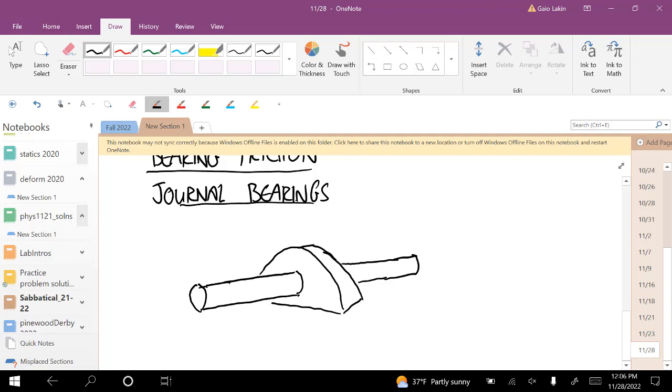Where the thing is rotating some direction, it doesn't matter which. Let's call that the direction of motion. And there's some force being pushed perpendicular to the axis of rotation. Let's say that this force is W over 2, so the total force is W.